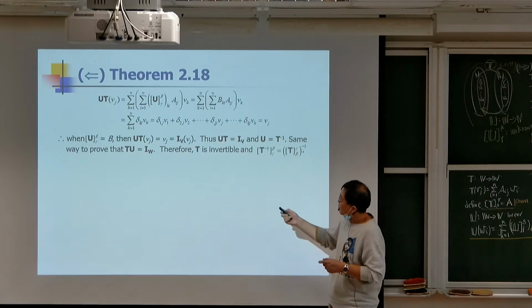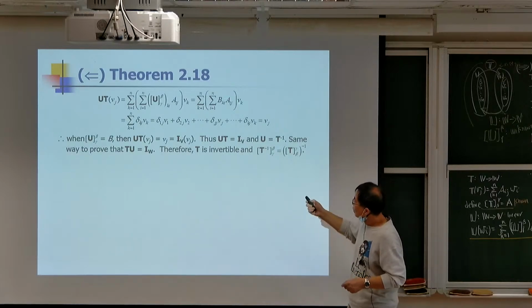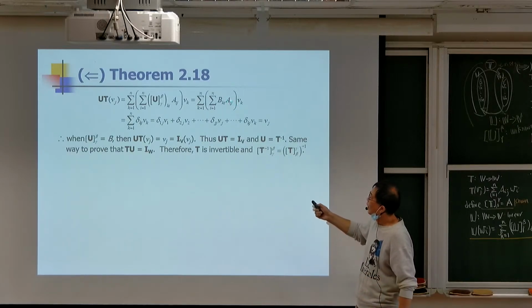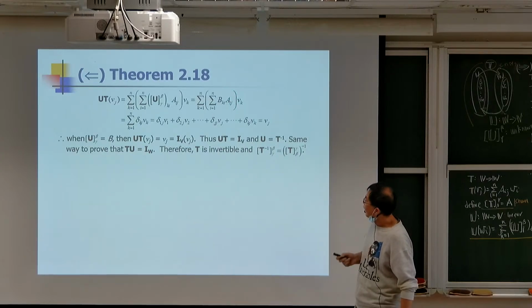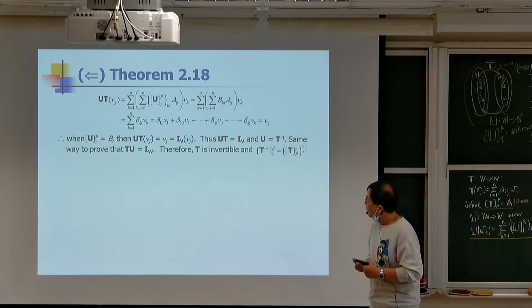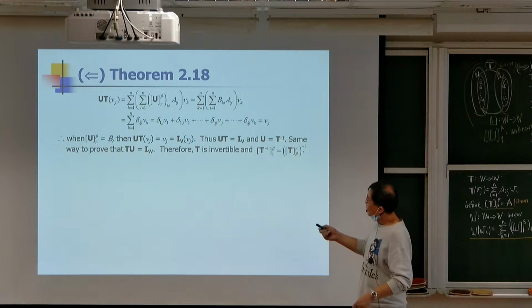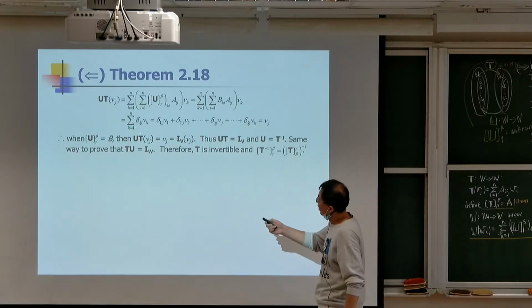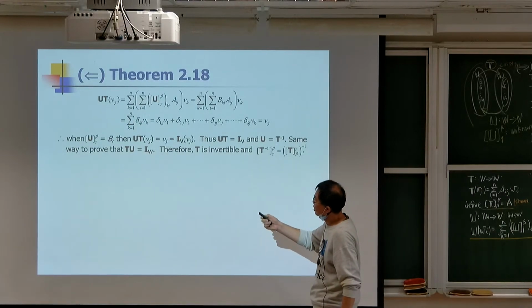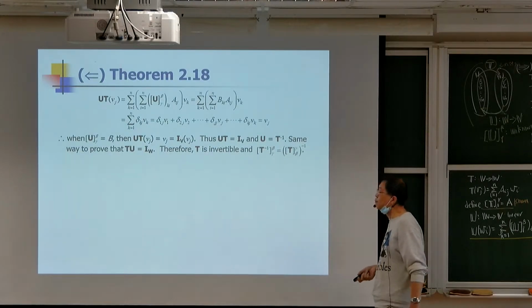Because this matrix is the inverse matrix of A, the coefficient here should be delta kj. Delta kj equals 0 if k is not equal to j, and delta kj equals 1 if k is equal to j. So then we have the summation k equals 1 to n of delta kj times vk, and we have only one vector left, which is vj.